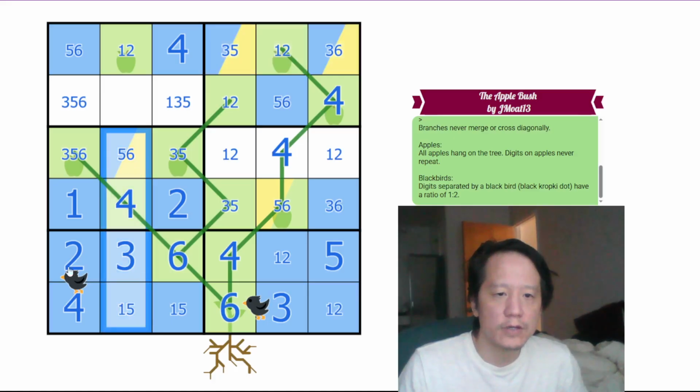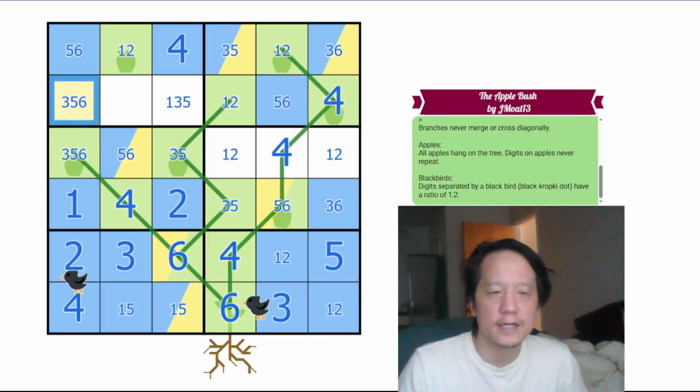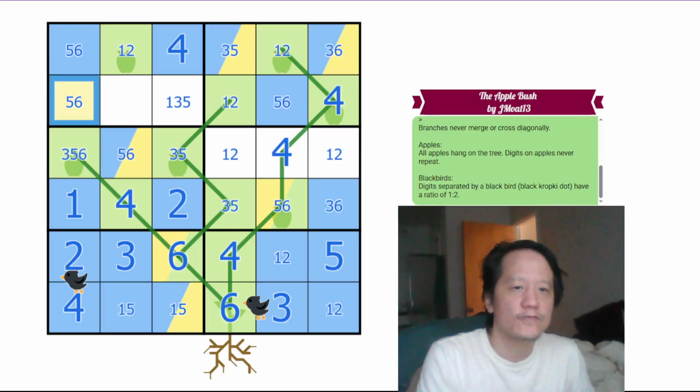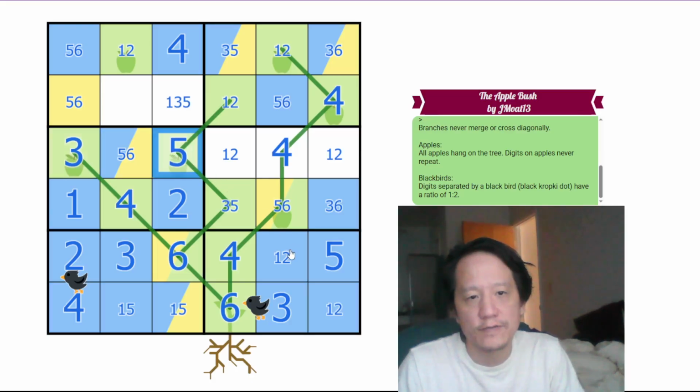It could not be here, it could not be here, so it would have to be one of these 2 here. Which means yellow could not be here, could not be here, so yellow would have to be here. Therefore, this cannot be 3. This is 5, 6, 5, 6. That forces this to be 3, which makes this a 5.